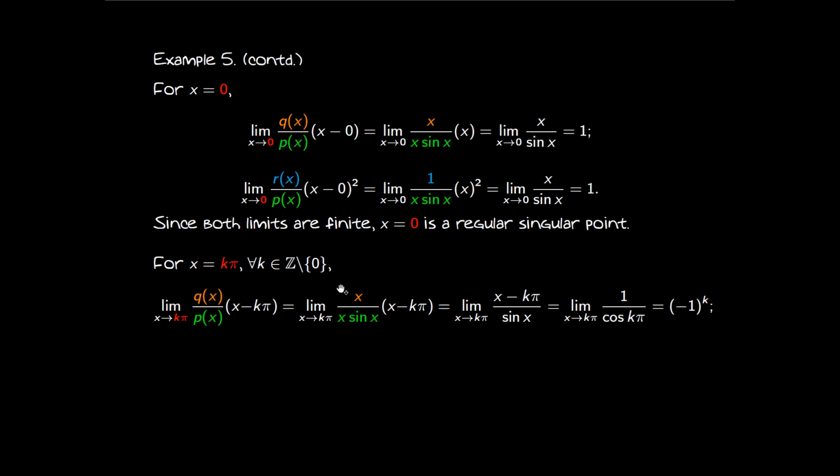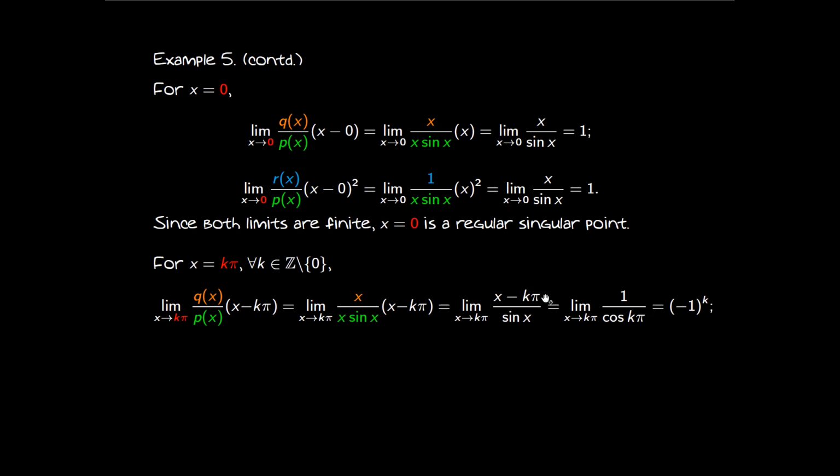Once again, you plug in the definitions of the coefficients, you can cancel the x over here, right? And you're going to get something like this. For this case, when x approaches k pi, the numerator is going to be 0. The denominator is also going to be 0, right? So that means we have to use L'Hopital's rule to find the limit.